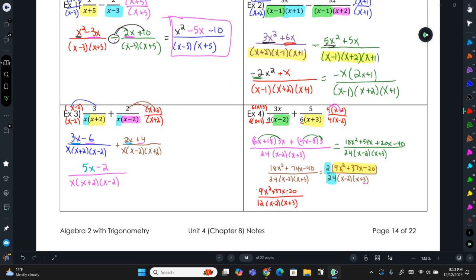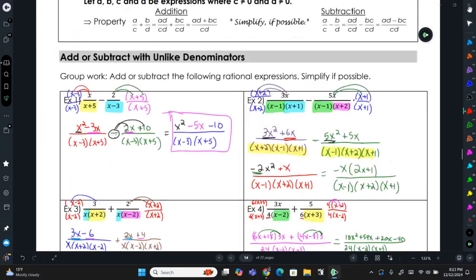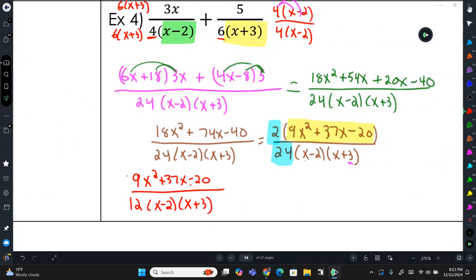We had to make them the same, and then we could add them like we did on the previous page. The factoring and the multiplying skills are going to be super important here, along with going slow and being careful, not forgetting negative signs, and doing basic arithmetic correctly. I've seen people say, oh, negative 40 divided by 2, negative 10, just being a little bit careless. That would get you the completely wrong answer if you do something like that.